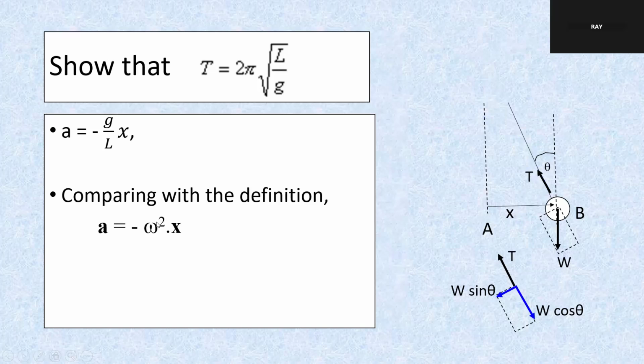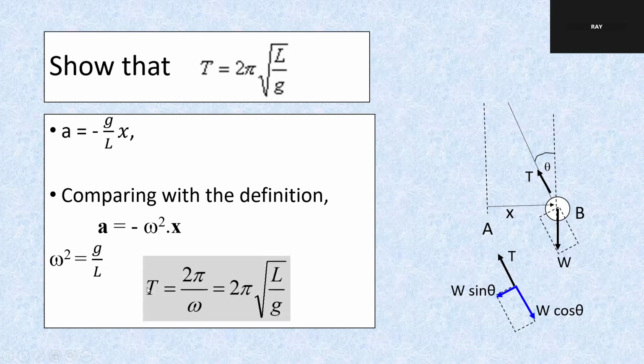So compare: omega squared equals g over L. Omega squared is g over L. So T is 2 pi over omega, same as circular motion. 2 pi, then we get this one. Okay, with that or not? Any comment? Yeah, okay.